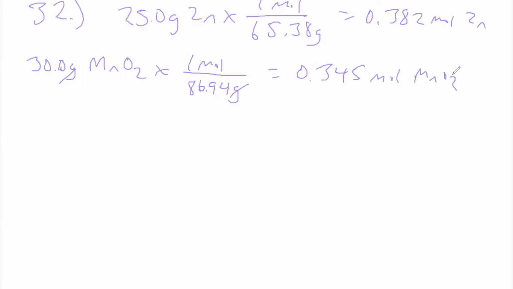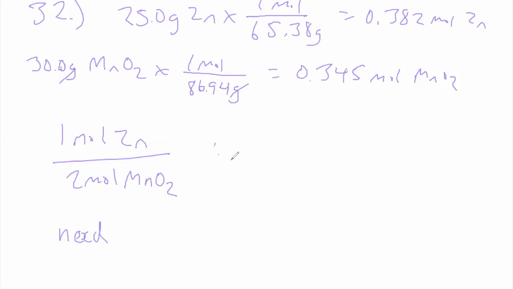So we want to find the limiting reactant, and we would need to know which one runs out first to determine that. So looking at the mole ratio in the problem, it says that for every 1 mole of zinc, we need 2 moles of manganese dioxide. So that's the requirements, that's the recipe.